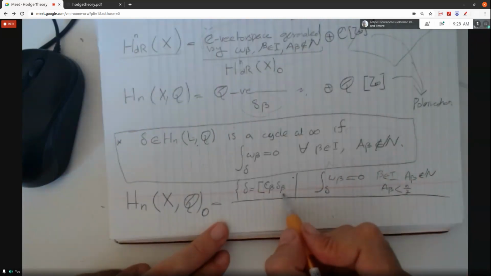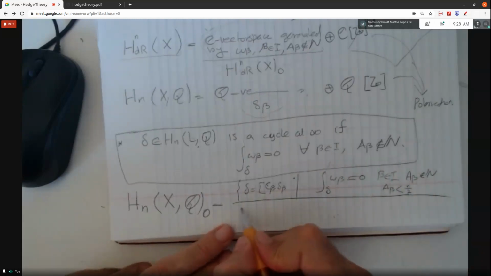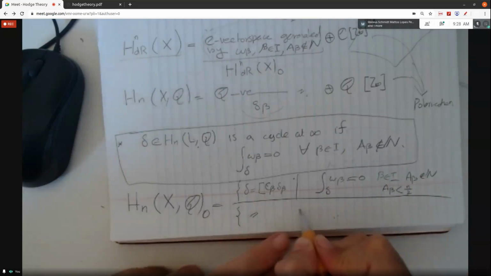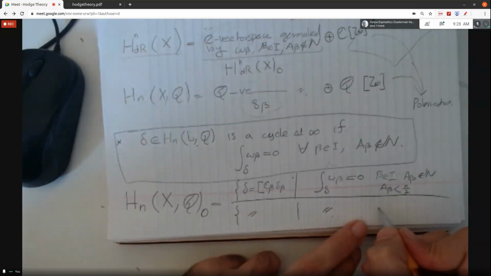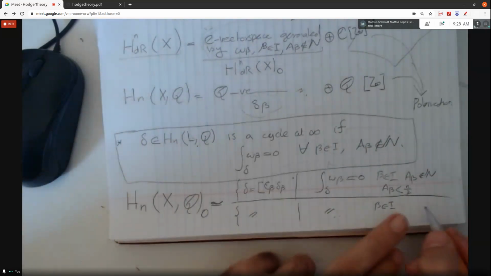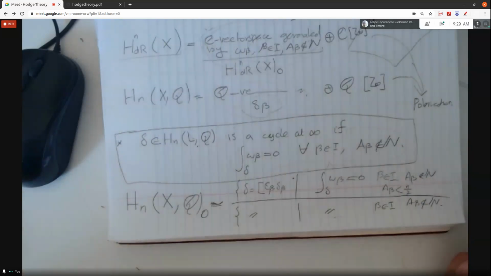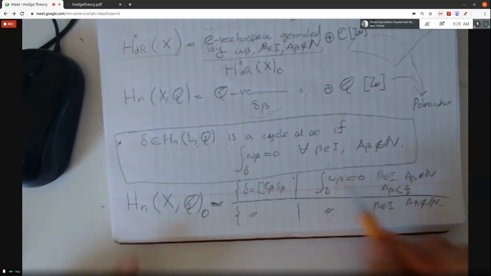And of course, there are a lot of trivial cycles here, the ones coming out from the infinity. So this will be delta, the same, beta in I. So this is the isomorphism. In I, beta not integer. So this is a subset of this one.